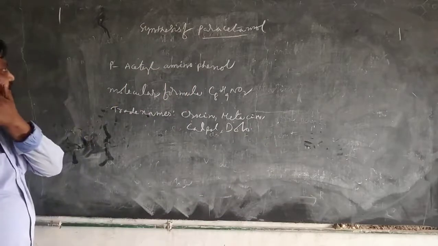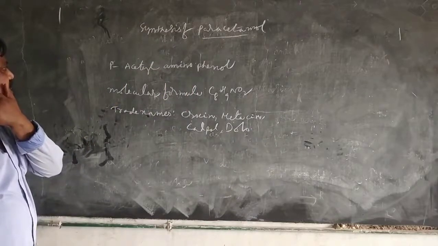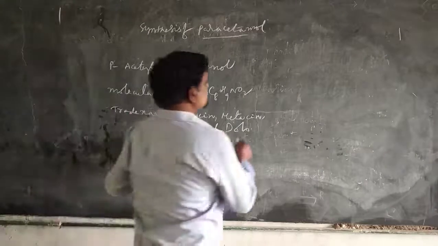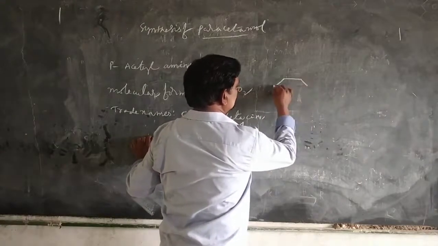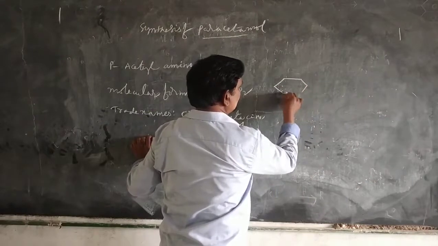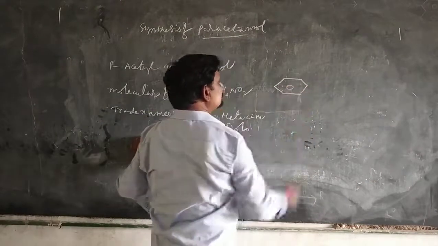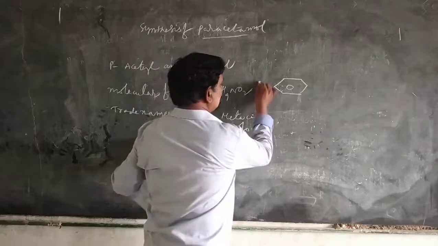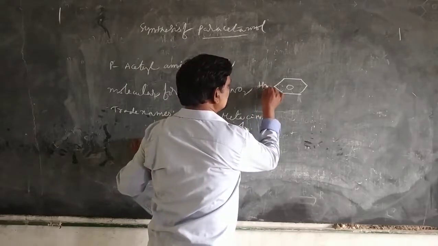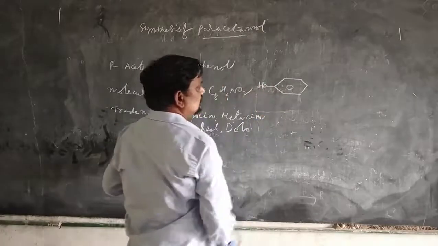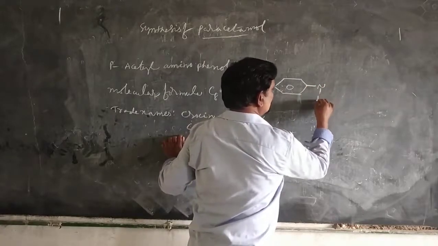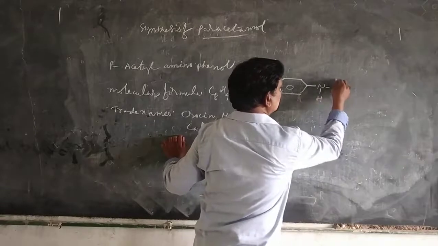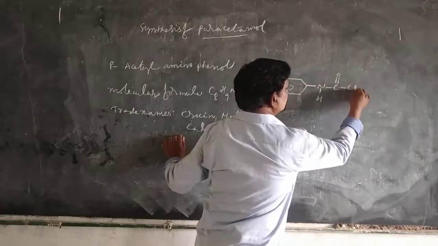So basically, paracetamol structure. First, draw the benzene structure. This is a benzene ring attached to an OH group in this position, and at the para position attached an amino group and acetyl group.